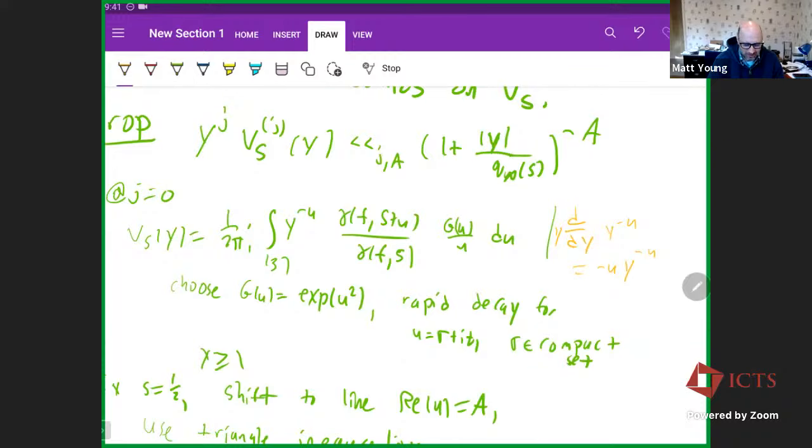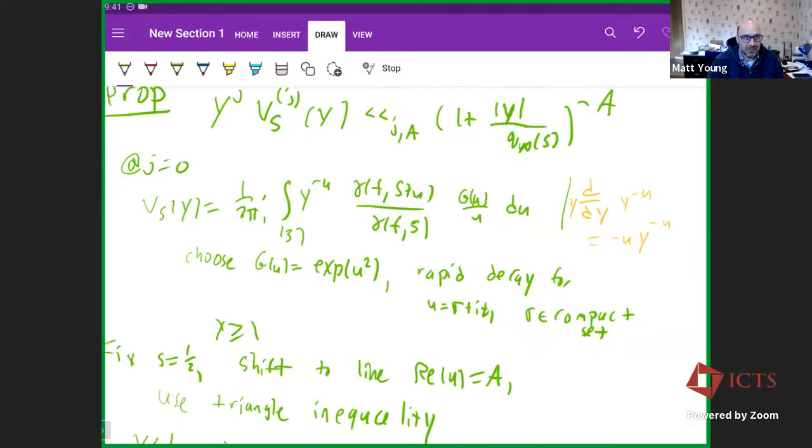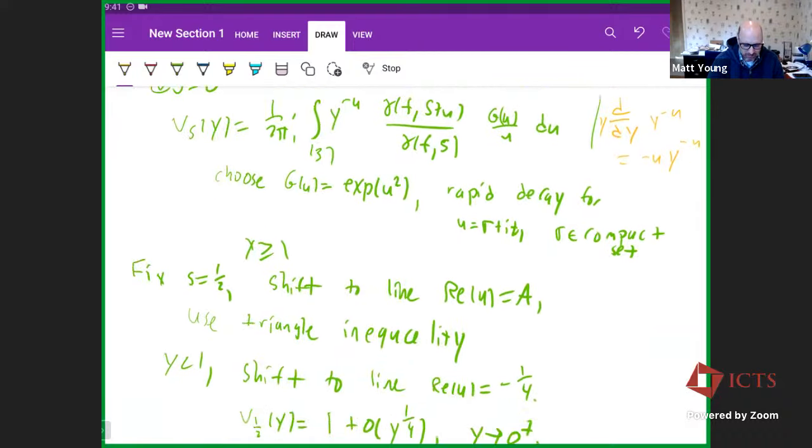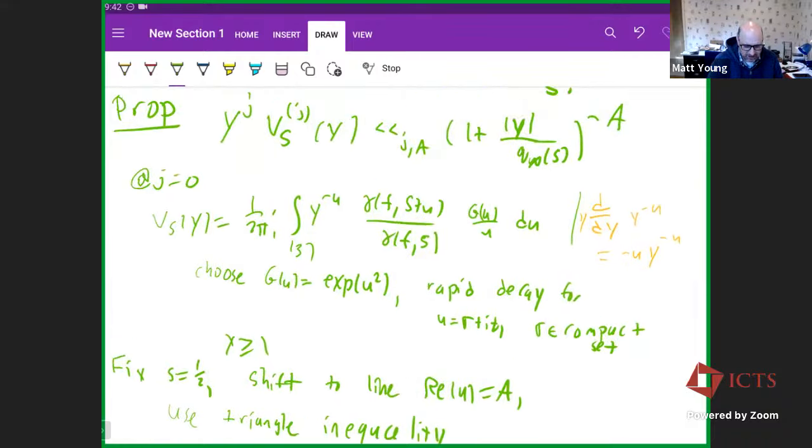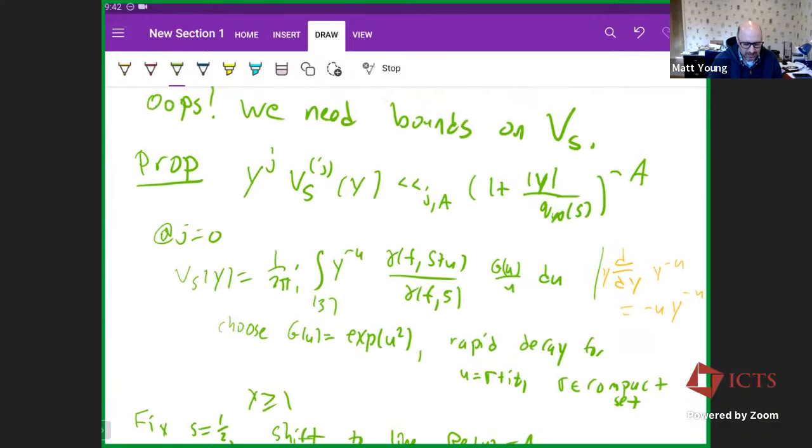And so if you do the same process where all you've done is multiply by negative u, you still get the rapid decay at infinity, and then at 0, you've actually canceled out the pole at u equals 0, so you don't even pick up a pole there. Anyway, for the case of Dirichlet functions at a half, which is what we're doing right now, this proposition is quite simple to prove.